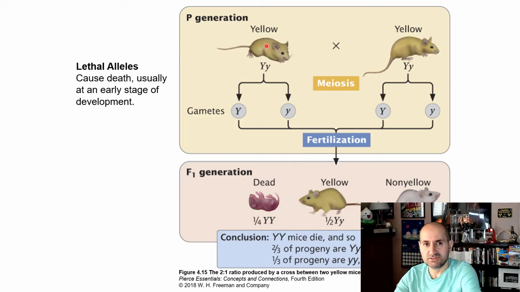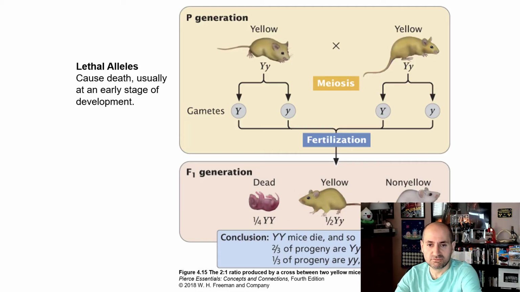So what you would need to do for this Punnett square, you would take a non-true breeder, a heterozygous yellow mouse with a big Y, little y, and breed it with a heterozygous non-true breeder yellow mouse, big Y, little y. After fertilization you would expect a quarter to be big Y, big Y, a half to be big Y, little y, and a quarter to be little y, little y.